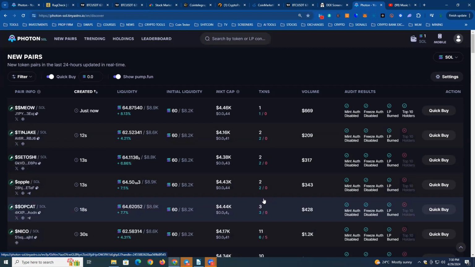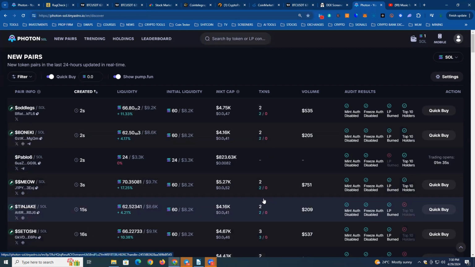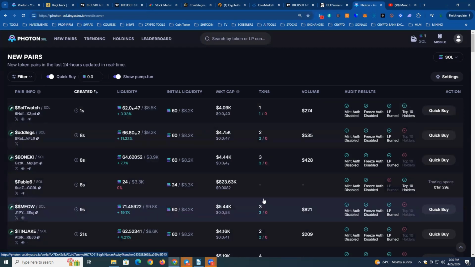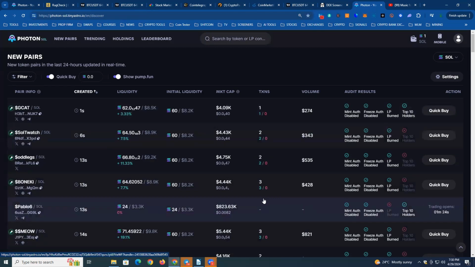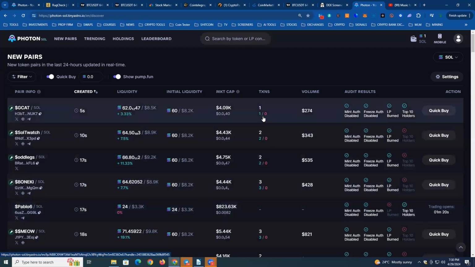So normally, what I advise individuals is to focus on coins that have enough liquidity and enough holders that you won't have any issues exiting your trade.